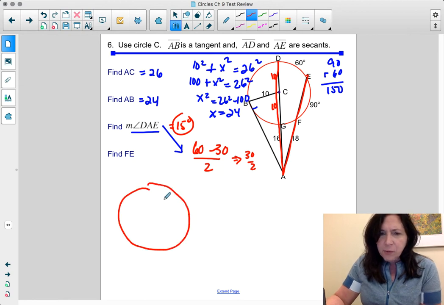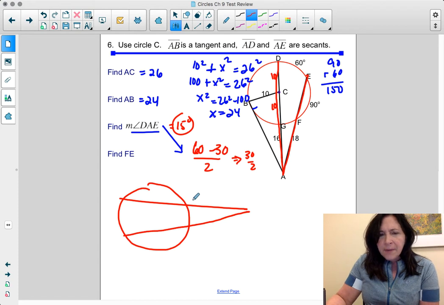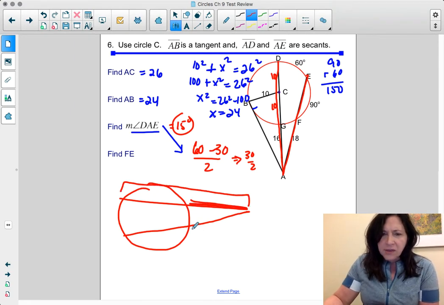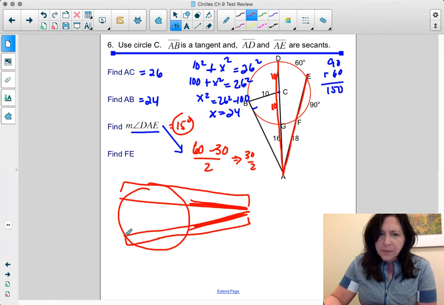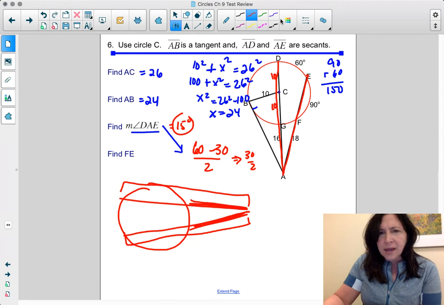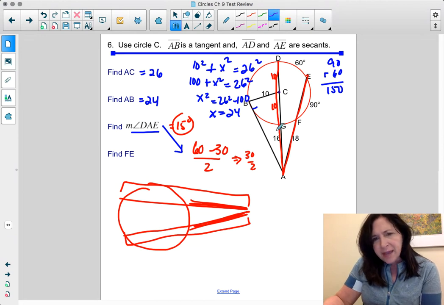Remember when we were working on chords, we said if we had 2 secants, there's our 2 secants, it's the outside times the sum is equal to the outside times the sum. I'm going to put in these values. The outside is 16, and the outside here is 18.